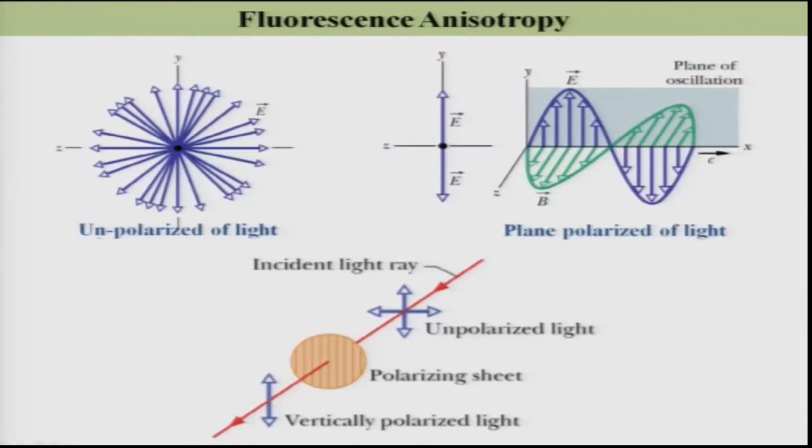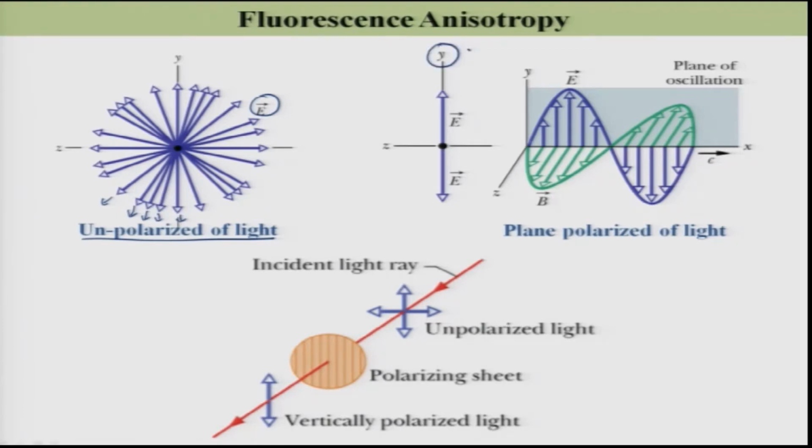As I said, for unpolarized light the direction of oscillation of the electric field could be anything, and all directions are allowed. However, for plane polarized light, it is oscillating only in this y direction.